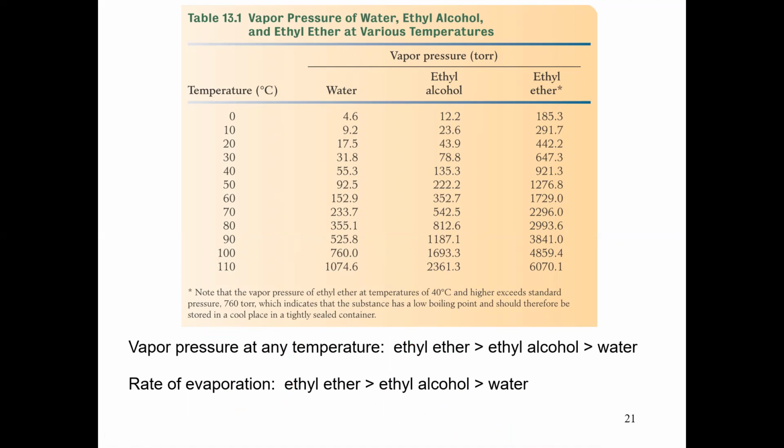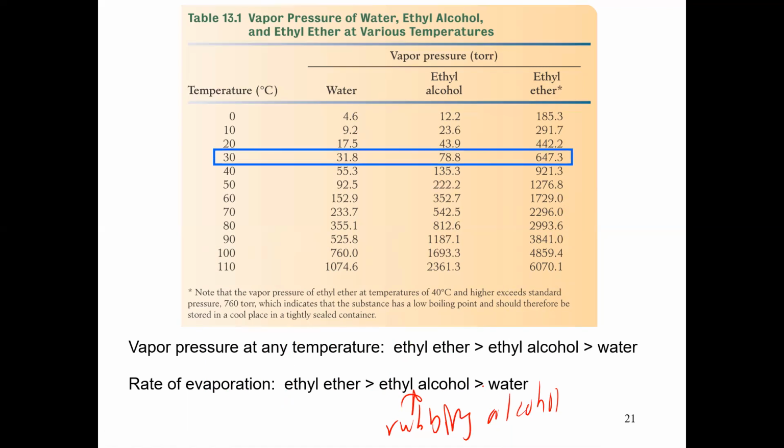So this is the active ingredient in rubbing alcohol. Some kinds of rubbing alcohol have that in it to cool down your skin or make it feel better. The rate of evaporation is proportional to its vapor pressure.